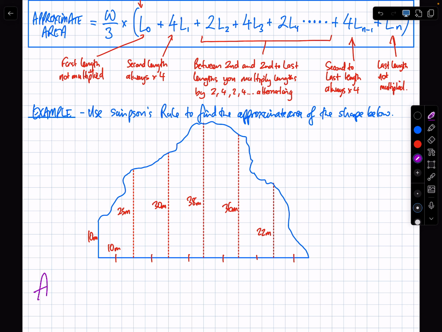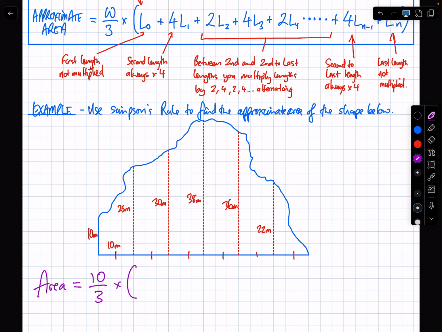So area equals, what is the width of those pieces? How wide are we saying that each piece is? 10. So it's going to be 10 over 3 times by. This is the hard part of filling out the formula. It's the lines, the slices.